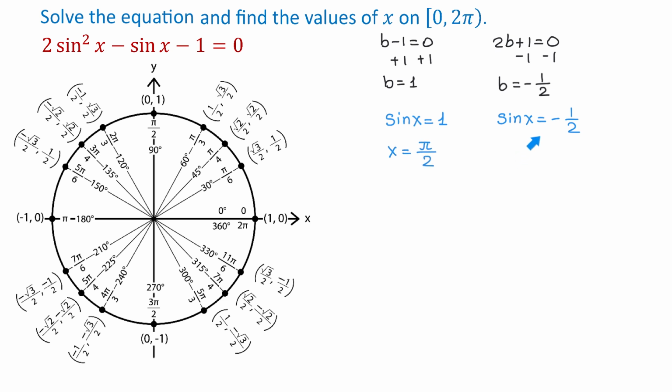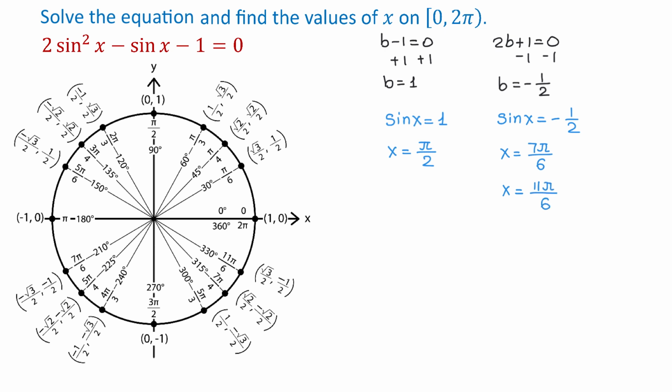Now with the second equation, we need to find all the angles where the value of sine is -1/2. And on the unit circle, sine is negative 1/2 when the angles are 7 pi over 6 and 11 pi over 6. So this equation has two solutions. One is 7 pi over 6 and the other one is 11 pi over 6.